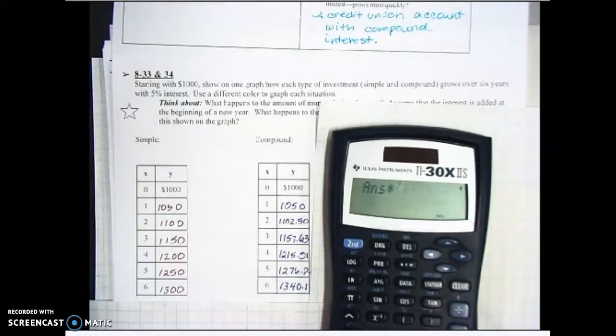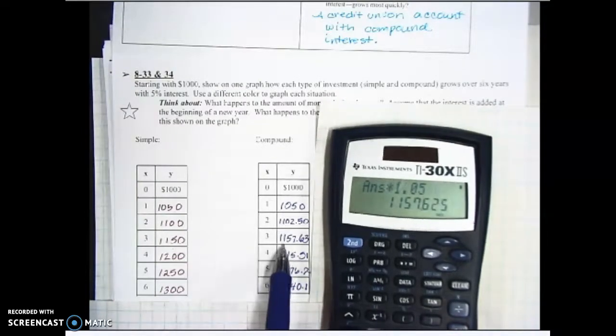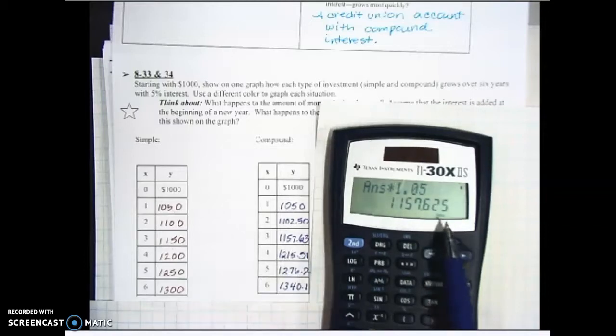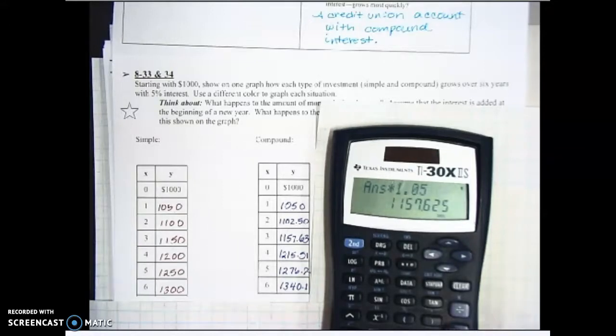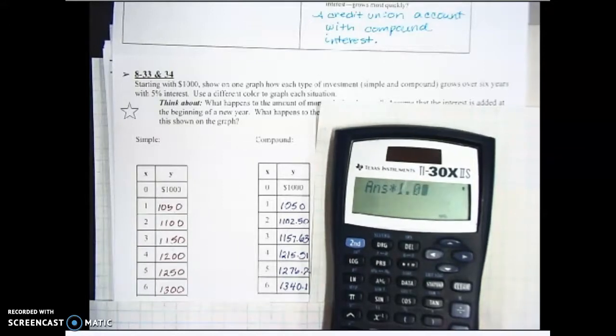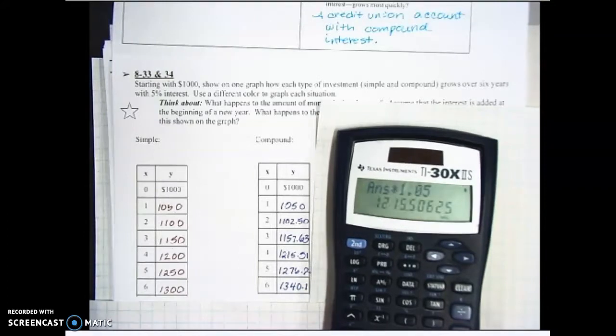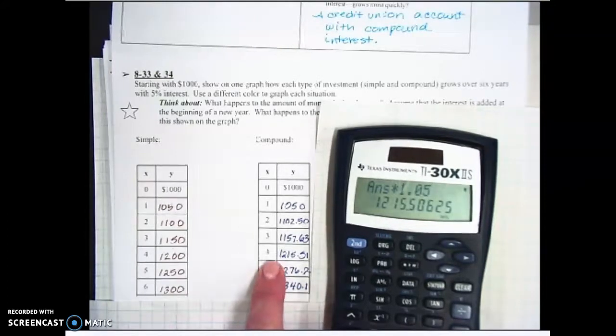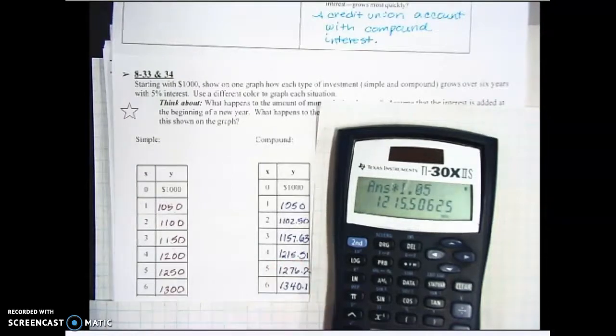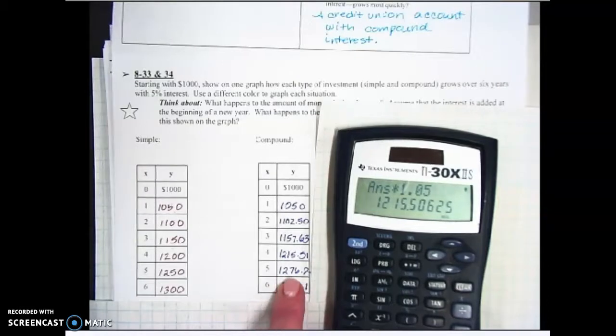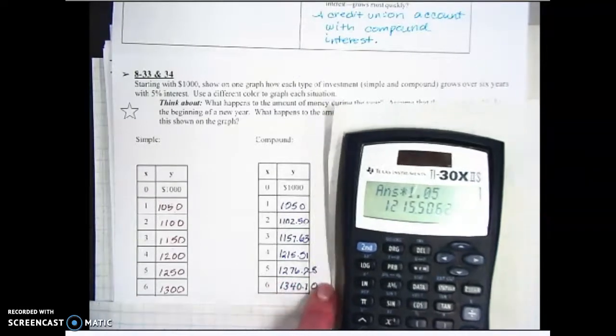Then you're going to multiply by 1.05, and you get $1,157.63. I had to round it up because there's a 5 next to that too. Multiply that by 1.05. And that means at year 4, you have $1,215.51. And then do it 2 more times to get $1,276.28.